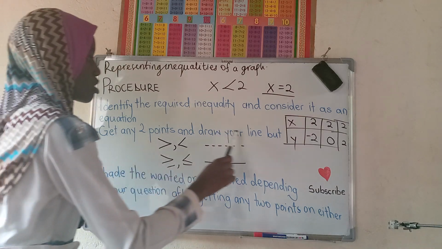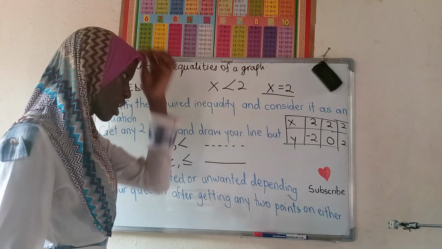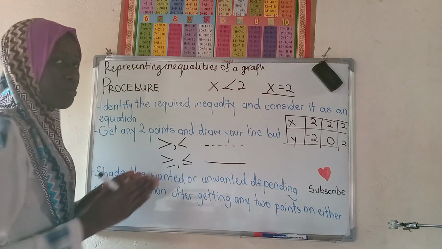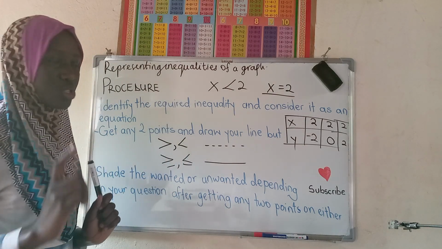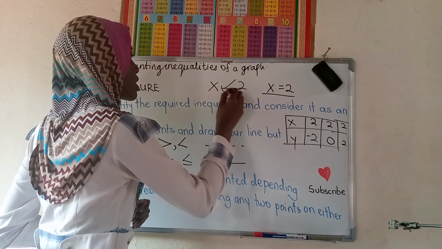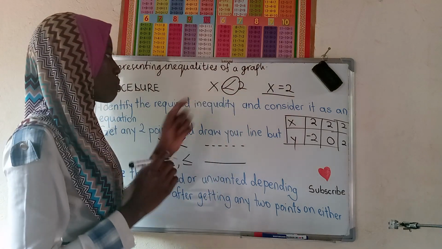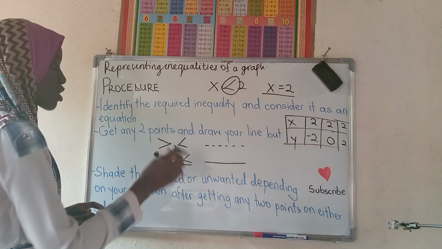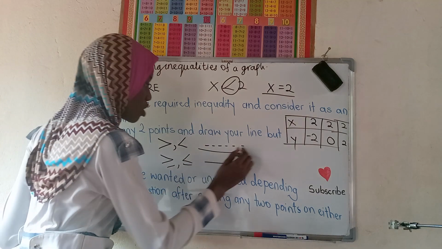So after getting those points and you plot them on the graph, while you're drawing the line to show you the boundary for your inequality, you have to note something. You have to note the nature of the symbol you are using. If the symbol you are using is less than or greater than, it has to be dotted.